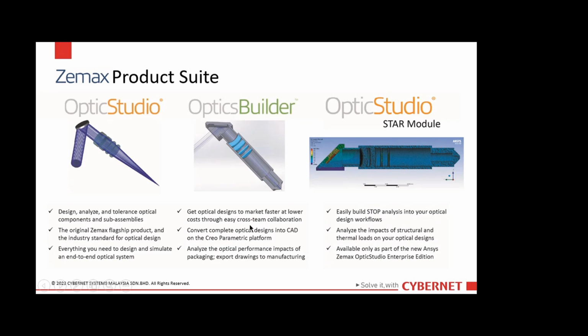Lastly is Optic Builder, the add-on for the Creo Parametric platform. We use this add-on in the Creo Parametric platform design, and we can export the rays from OpticStudio to Optic Builder to make the mechanical model, and support the analysis of the performance impact on the package.